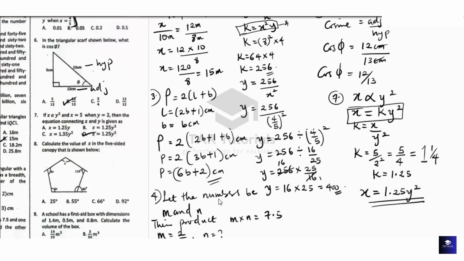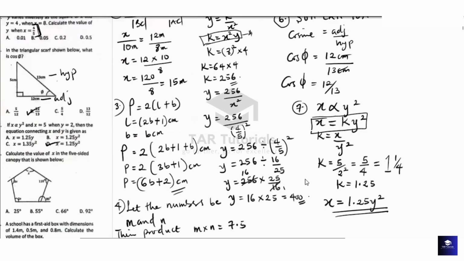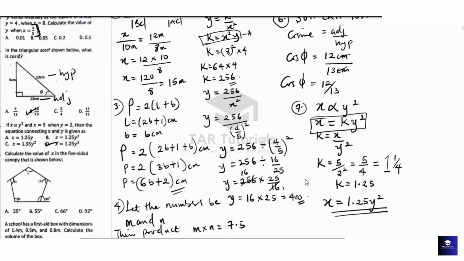Now question 8, it says, calculate the value of x in the 5-sided canopy that is given below. Okay, calculate the value of x. We have a 5-sided canopy. We have something like this.